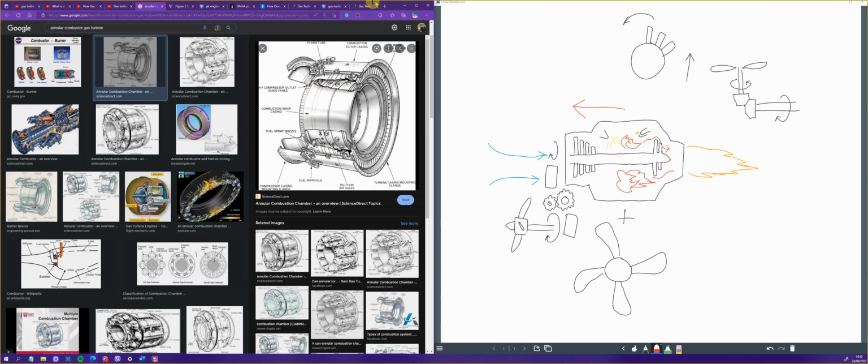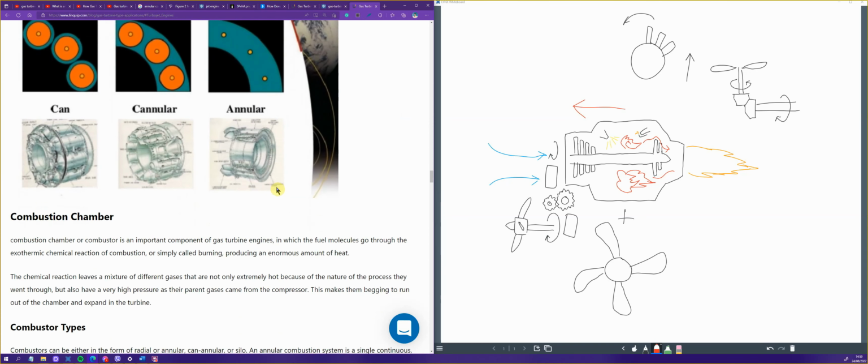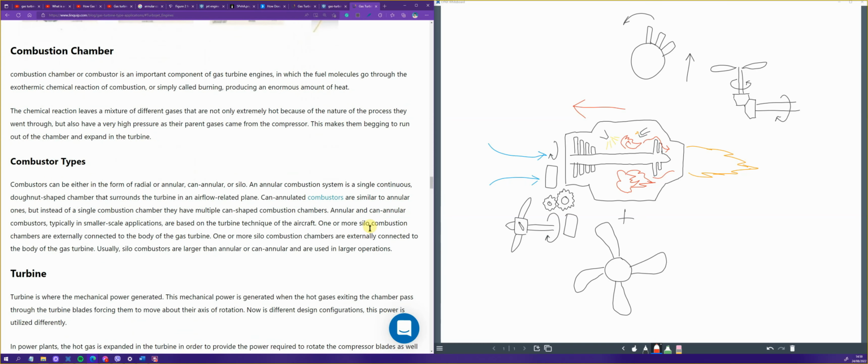Kung makikita nyo, yung buong space na yan, ino-occupy na niya. Parang ito yung combustion mo. Ito yung can-annular or cannular.